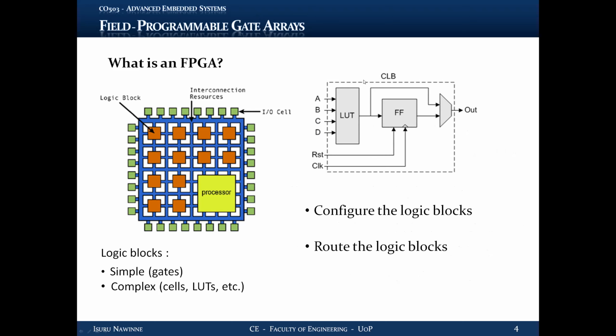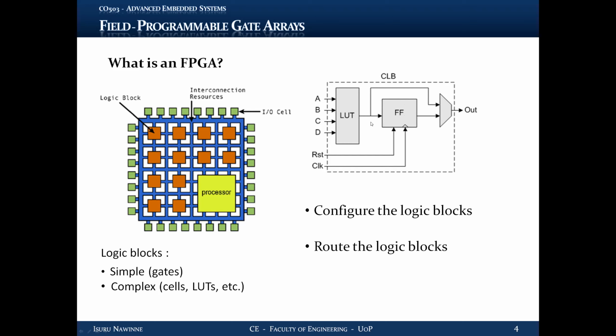And there's a flip-flop to hold the state of the output, and reset and clock signals to support sequential logic, right? So that's what you have. This lookup table is what gives you the configurability.